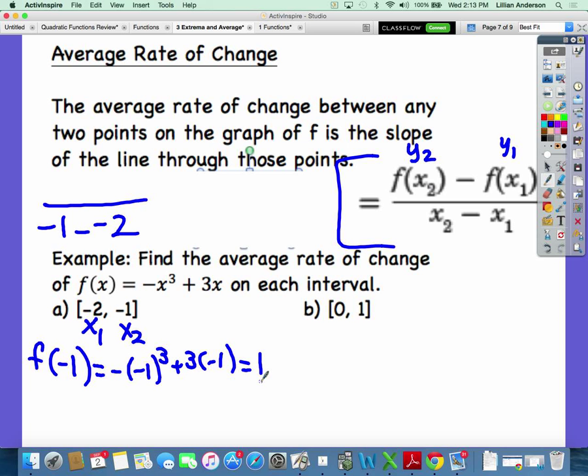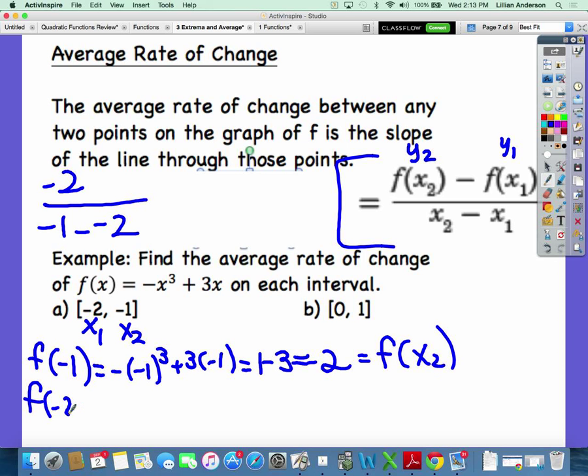What's 3 times a -1? So all I'm doing is I'm trying to find f of x2 that goes into my formula. I take x2, which was -1, I plug it into the function, and I simplify. What's 1 minus 3? This is f of x2. That's what I got when I plugged in x2 into my function.